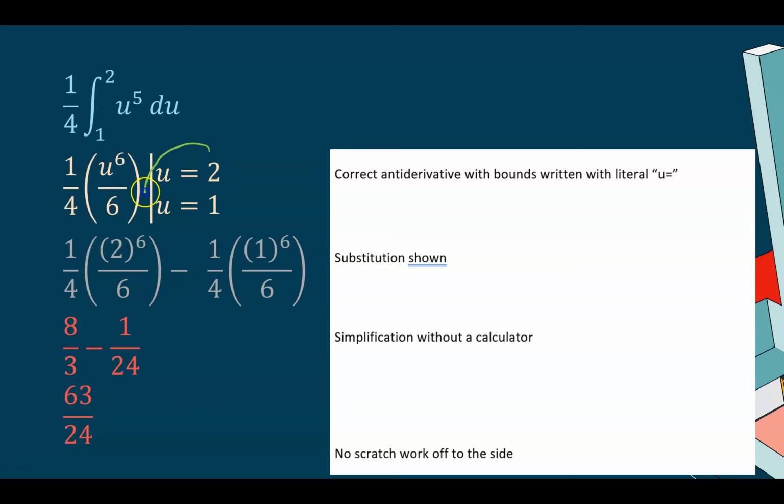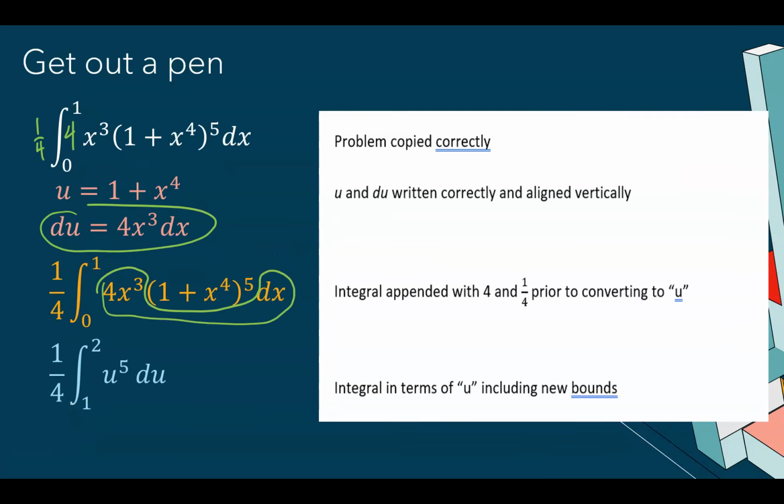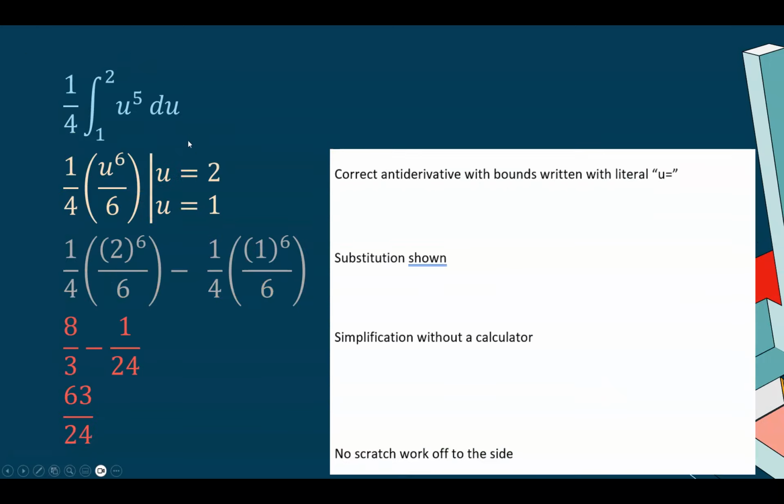I also expect to see not just 1 and 2, but u equals 1 and u equals 2. The reason we do that is if you wrote an x equals 0 and x equals 1, you're constantly in that habit. You'd realize, oh crap, those are x's, and I'm supposed to be plugging in u's. We want to show the substitution, and we want to just get rid of all those exponents.